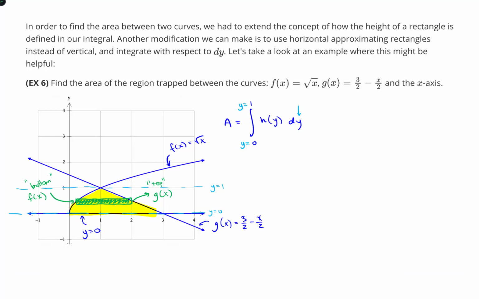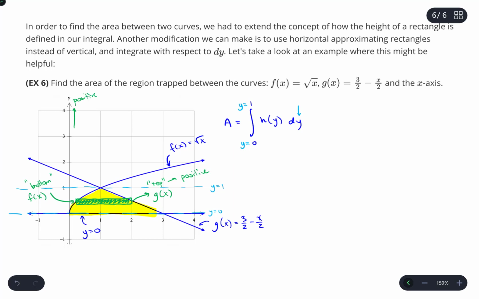And on that entire interval, from where y is 0 to y is 1, the top, and when I say top, I really mean the positive part, or the most positive part. So when I say the top of a vertical rectangle, I'm looking in the positive direction, the positive y.